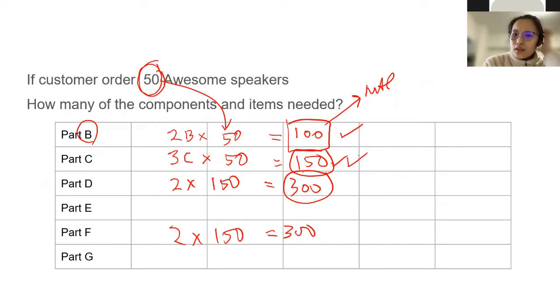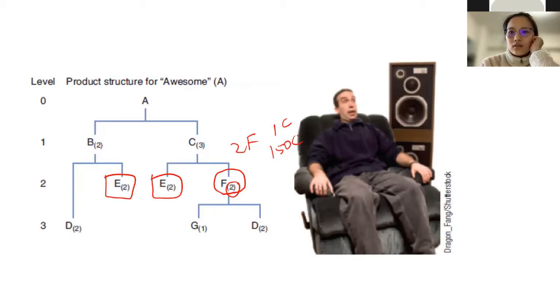Do this one by one first. 2 times 100 plus 2 times 150. Don't add them together too early because you'll get confused; when you talk about planning, it will translate into different routes and different planning, because each will have a different lead time after this.